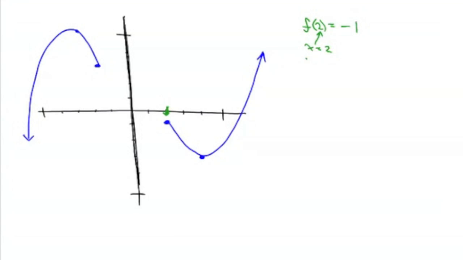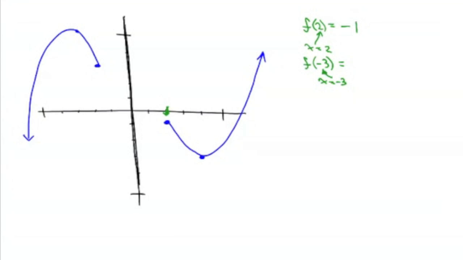How about f of -3? Well, this tells you that x is equal to -3.